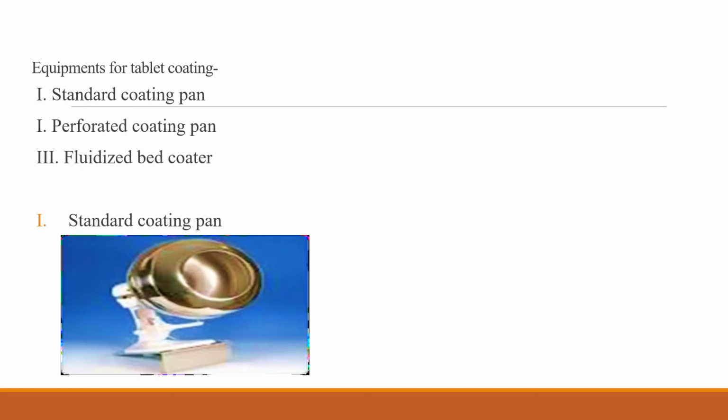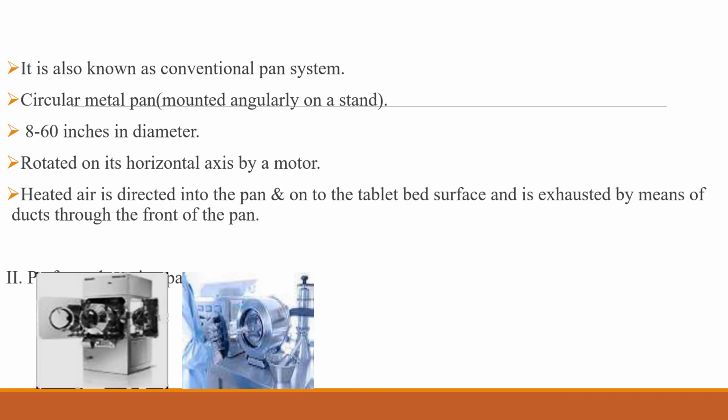Next, these are the equipment used for tablet coating. First is the standard coating pan, second is the perforated coating pan, third is the FBC, fluidized bed coater. Here is the example of the standard coating pan.